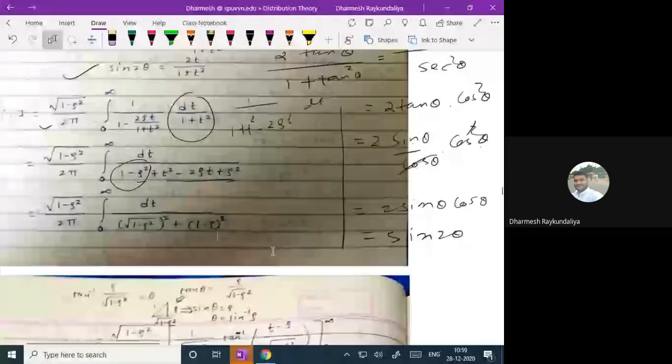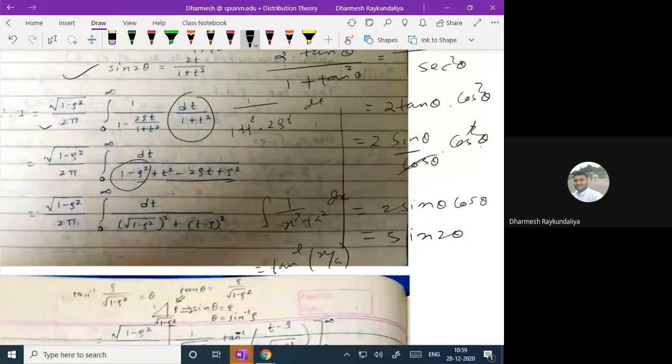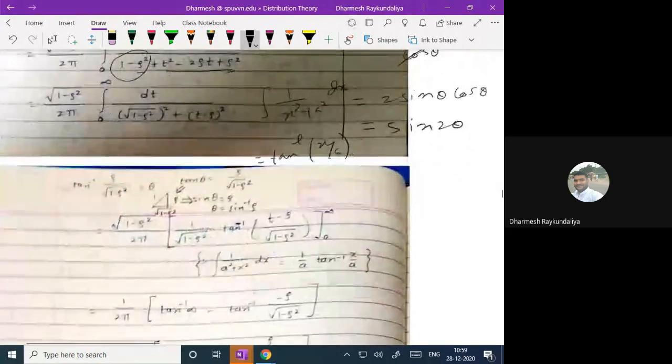So you can see that this is a form of the integral of 1 upon x square plus a square dx. What I can write is 1 upon a tan inverse x by a.